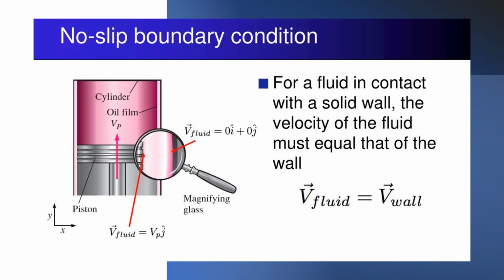The no slip condition is key to understanding how the sphere interacts with the fluid and why it's hard for small objects to move quickly in thick fluids like honey or oil. It's like trying to push a friend who's holding onto you tightly. The closer they are, the harder it is to get them to move.